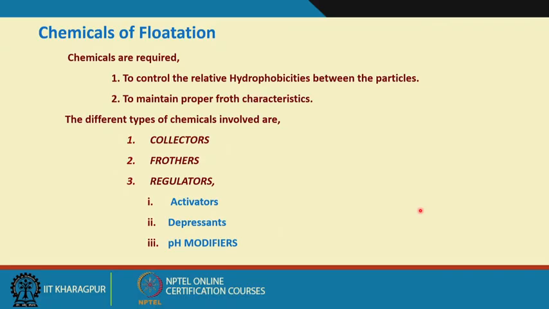Why do we require chemicals? That is the first thing we have to understand. We said that the separation is made between two particles depending on their water-repellent or water-liking behavior, which we call hydrophobicity and hydrophilicity of the particles.